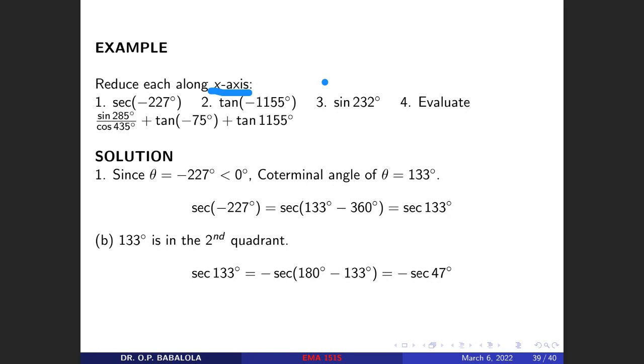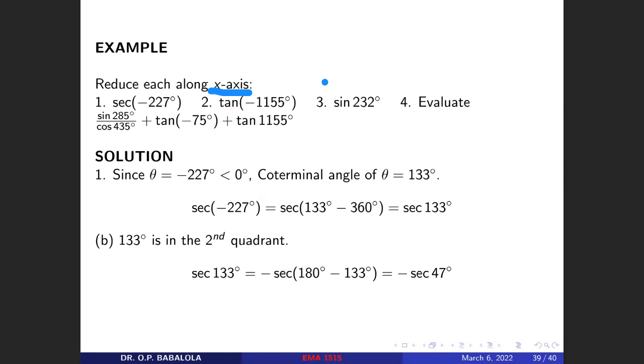That is the first thing you must always consider when you're doing reduction: is your degree less than 0 degrees? If it is, what should you do? You find the coterminal angle of that angle. And what is the coterminal angle of minus 227? It's actually 133. How do I get that?